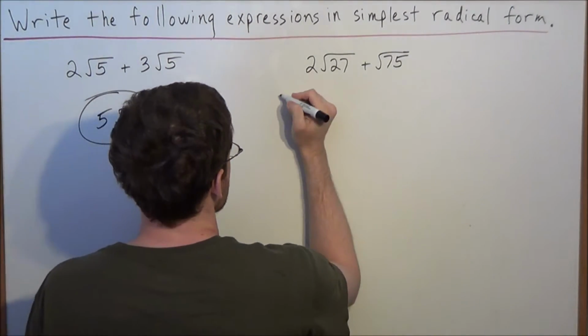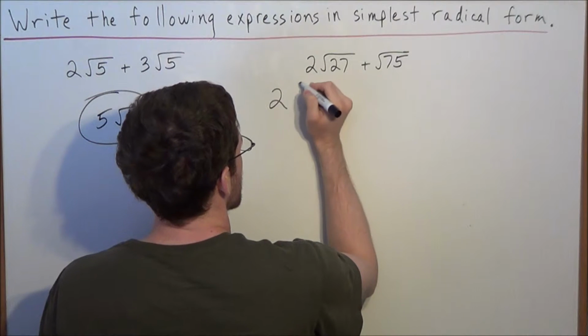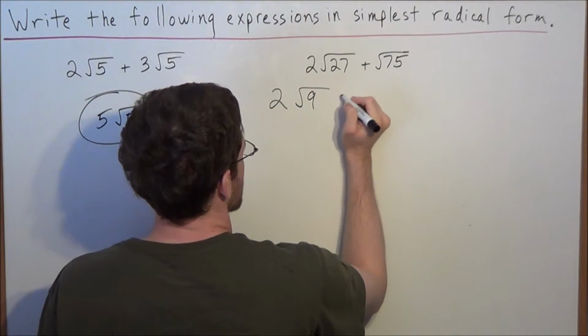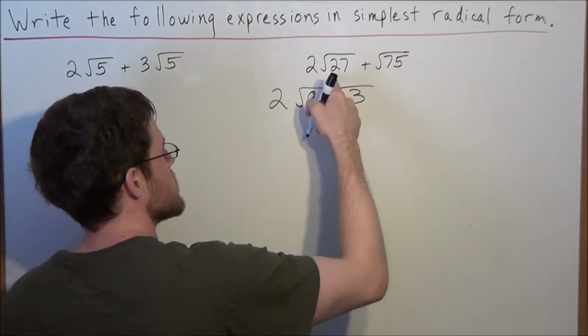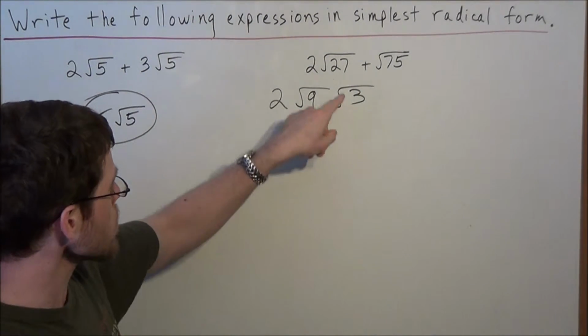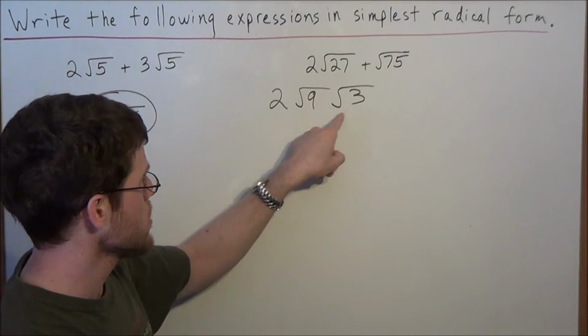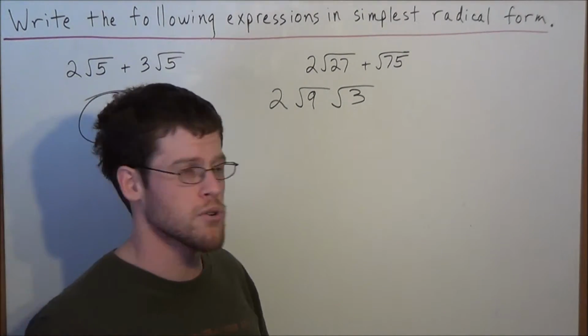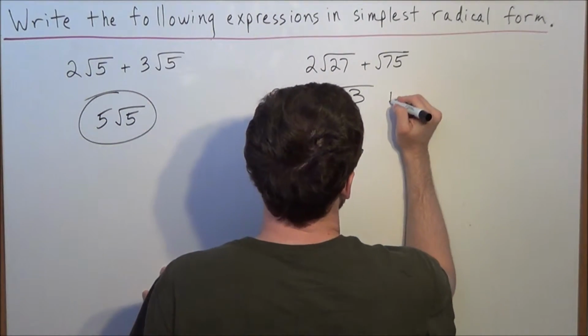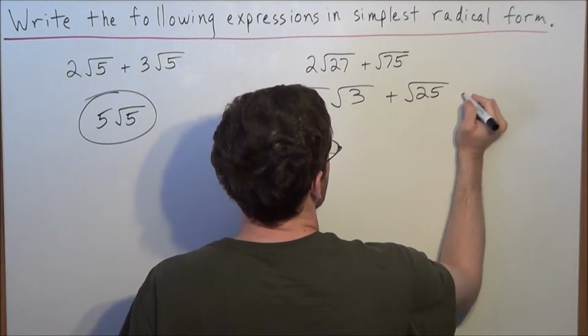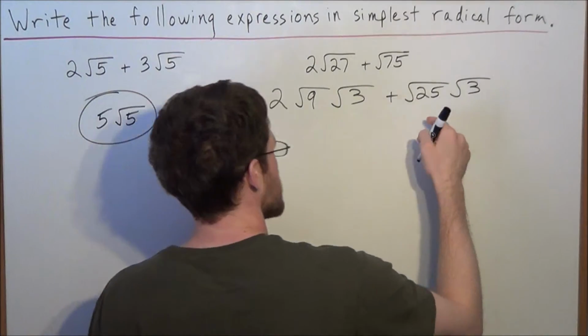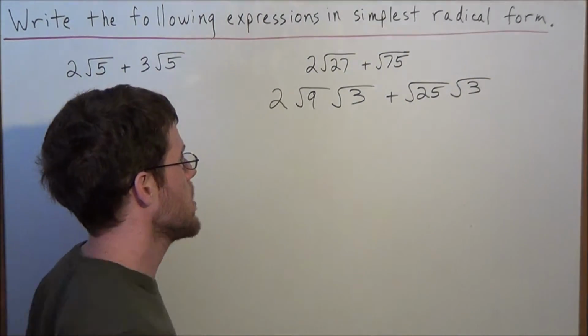If we break down 27, we could call it radical 9 times radical 3, because 9 times 3 is 27. We could split the radical apart into 2 radicals and attach them by multiplication. And for 75, we could break it down into 25 and 3, because 25 times 3 is 75.